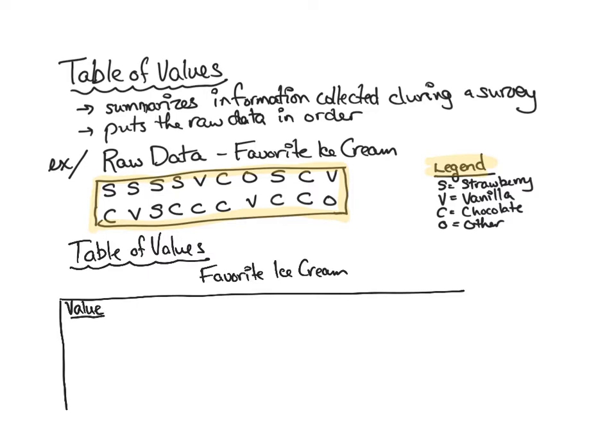Here is where we write what values we have for our survey: strawberry, vanilla, chocolate, and other. So we can put these values into our table.